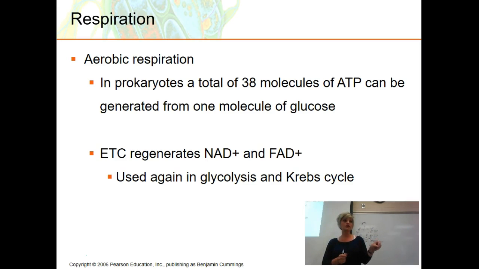They make 38, but there's an extra step where they lose 2 ATP. So they end up with a total of 36. In prokaryotes, that doesn't happen. They make 38 and they keep 38. They have found a way to bypass that extra step. So really, when you're looking at who is more effective, prokaryotes or eukaryotes? Prokaryotes. They're very good at what they do energy-wise.